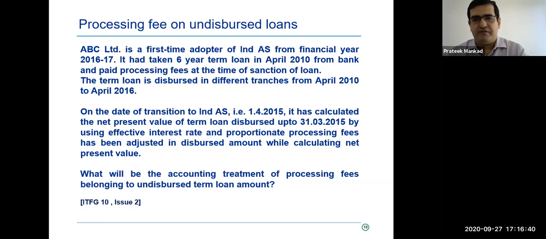Right, so the question is, I paid a fee of 10 for 100 rupee sanction, only 50 is drawn down. What do I do with the 50? One answer is entire 10. One answer is balance of 5 and balance over the period of the new disbursement.